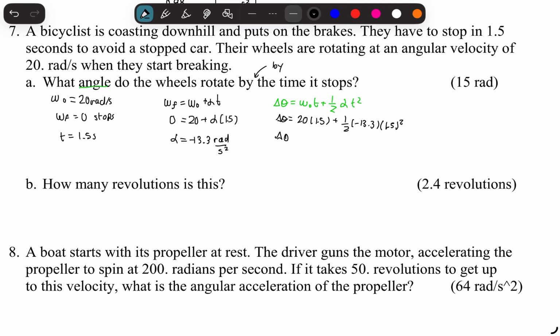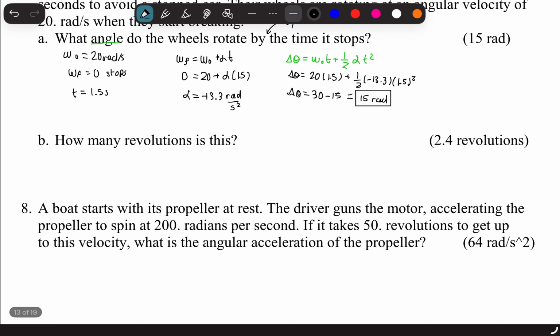So delta theta is going to equal 30 minus 15, which is equal to 15 rad. That's going to be our angle. Now, how many revolutions is 15 rad? Well, we know that revolutions is going to equal 15 over 2 pi. So that's going to be approximately 2.4 revolutions.